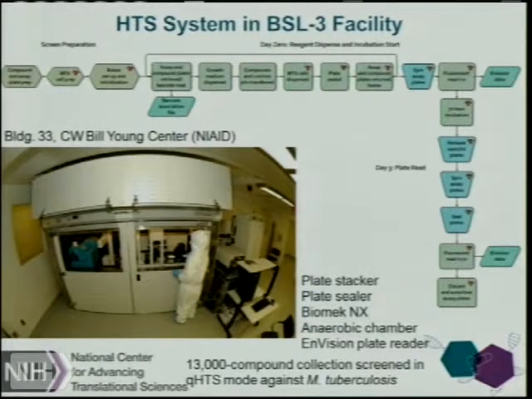We don't screen in 1536-well plates in this facility because, again, for example, for slow-growing parasites, you literally need protocols that are 5 to 7 to 20 days. Still, the system is capable of performing all kinds of complex steps like sealing plates, peeling plates, incubating, reading multiple times, and so on.